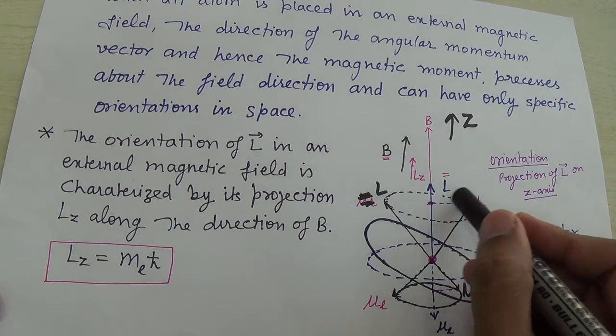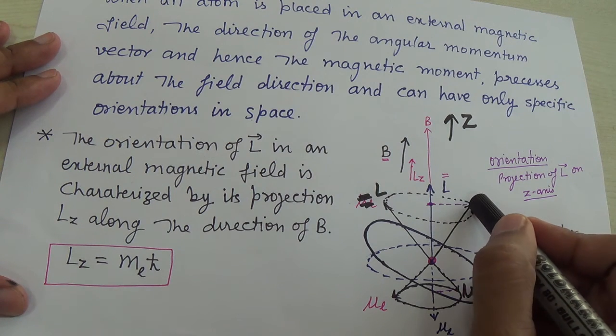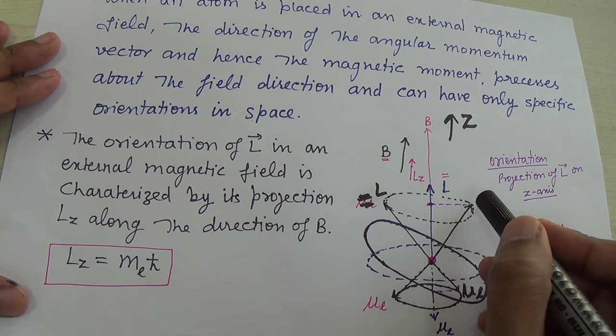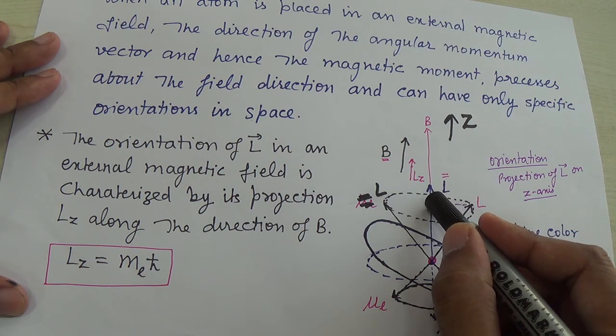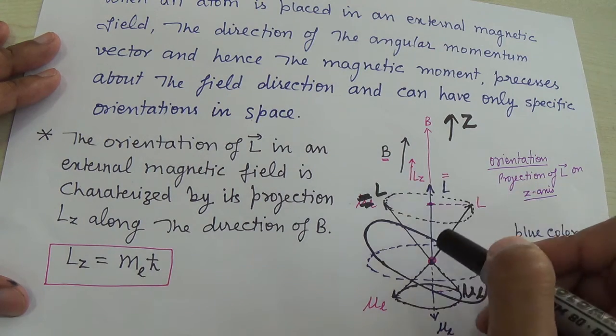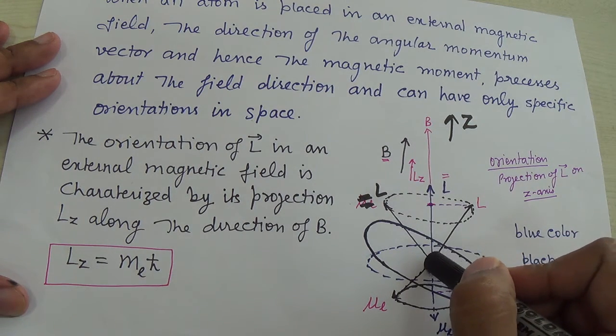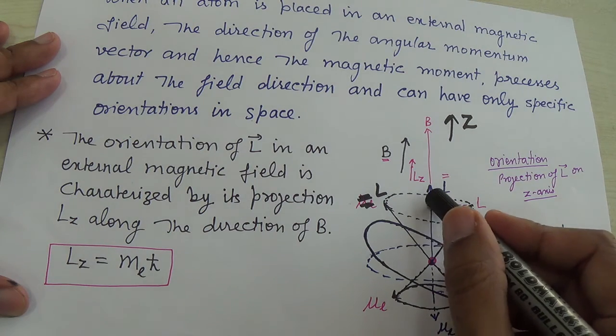This particular orientation of the orbital angular momentum is the extreme at this side, so we take the projection of this orbital angular momentum on the z axis, and that is denoted by Lz. With respect to this point, this will be the value of Lz.